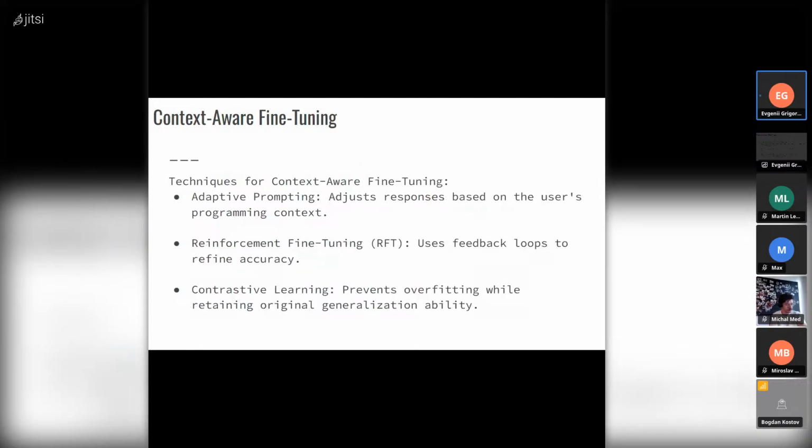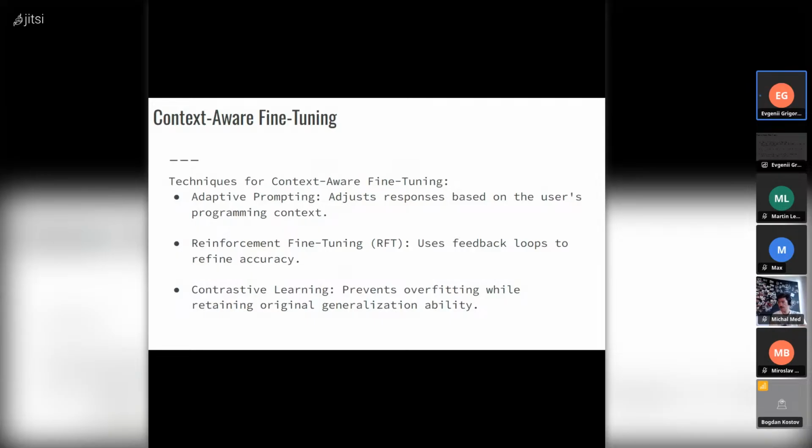Then comes concept-aware fine-tuning. Like, we all know that a neural network is using a lot of code for its education, but it may not be all useful for us in all cases. So we can fine-tune it to work better for some specific task, like adaptive prompting, which will adjust the output based on the concepts that the user provides.